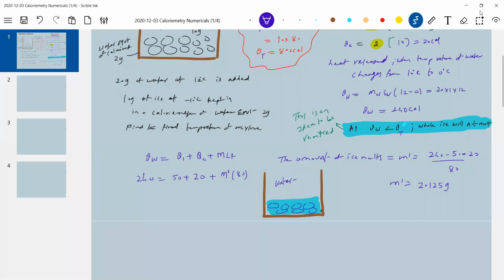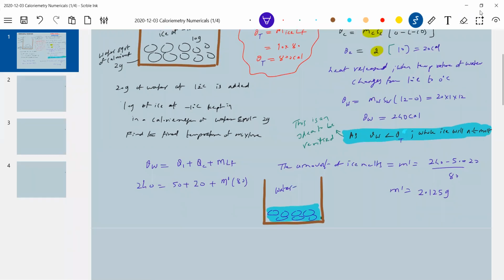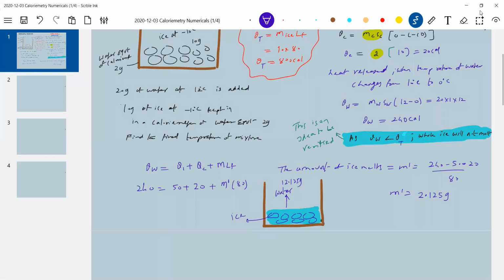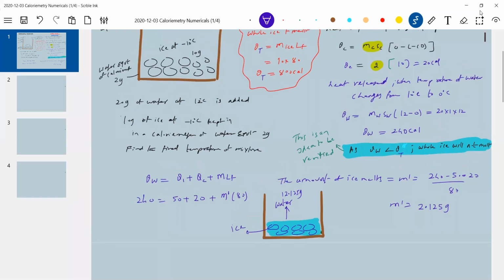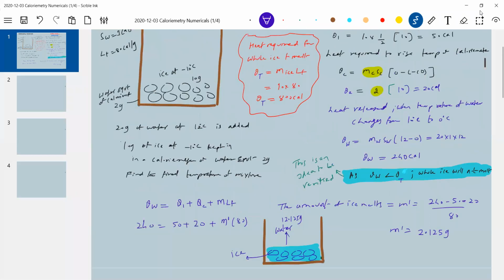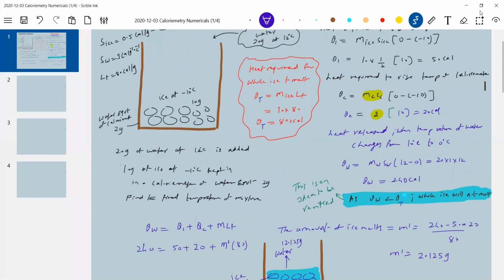For 10 gram, I should have 2.125, so 12.125. There's the water and there's the ice. How much water? And how much ice will be there? In the 10 gram, so 20 gram, no? 20 means this will become 22.125.